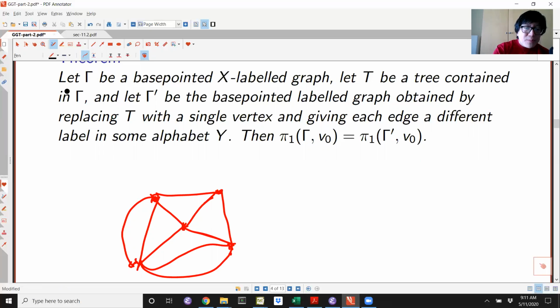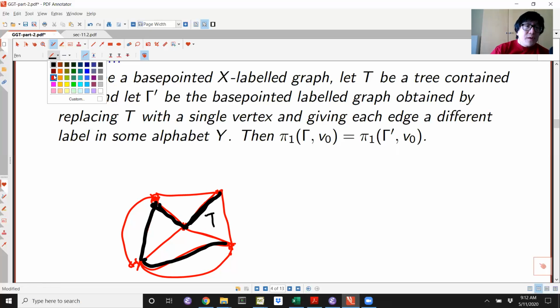There, that is a subtree of gamma. The tree is in black, and the graph gamma here is in red.